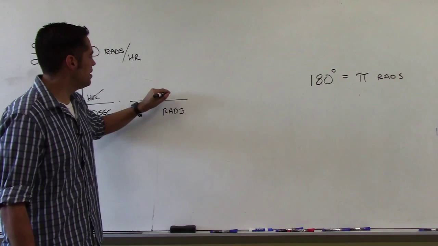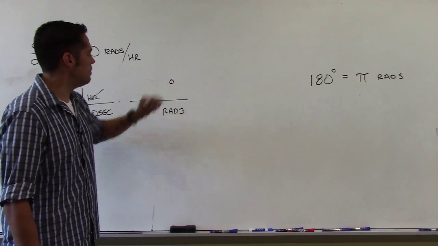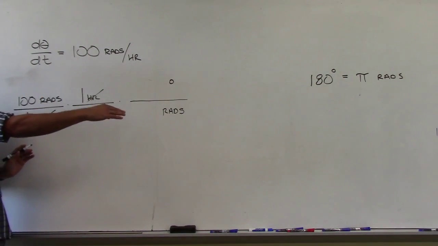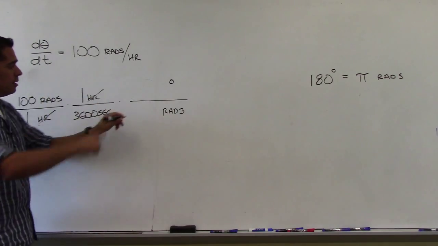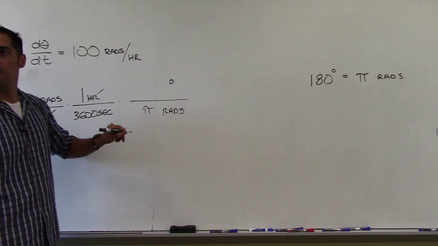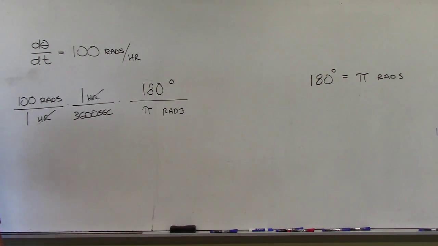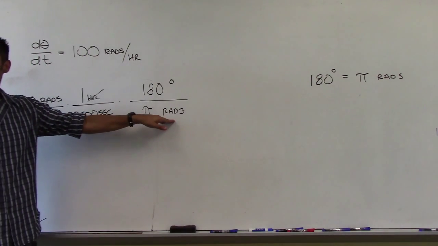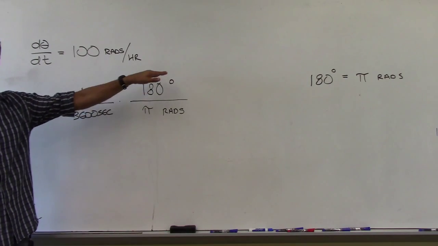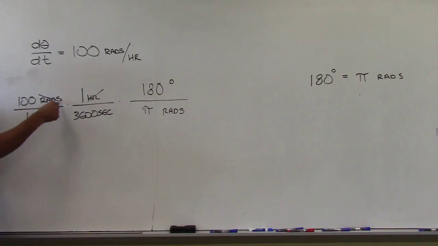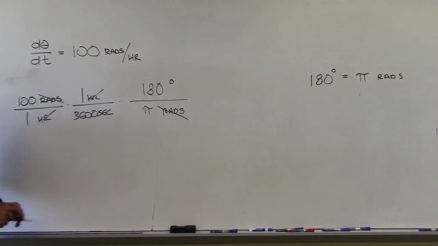I'm going to put rads here, and I'll put degrees up here, so that way the rads will cancel. And then I use that conversion. Pi down here, 180 up here. Do you agree? Pi radians is 180 degrees. The rads cancel.